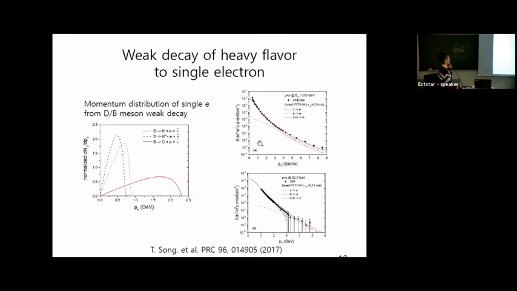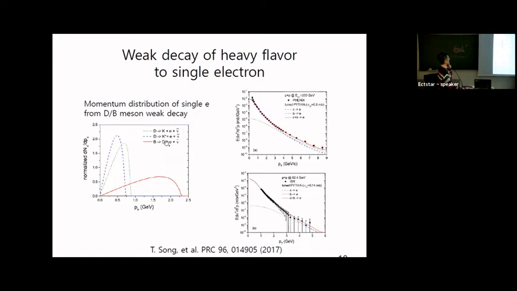And then let me show you the weak decay of heavy flavor to single electron. A single electron is produced through weak decay like D bar to K bar plus single electron and anti-neutrino, or D bar to K star bar plus single electron and neutrino, or B meson to D meson, single electron and anti-neutrino.